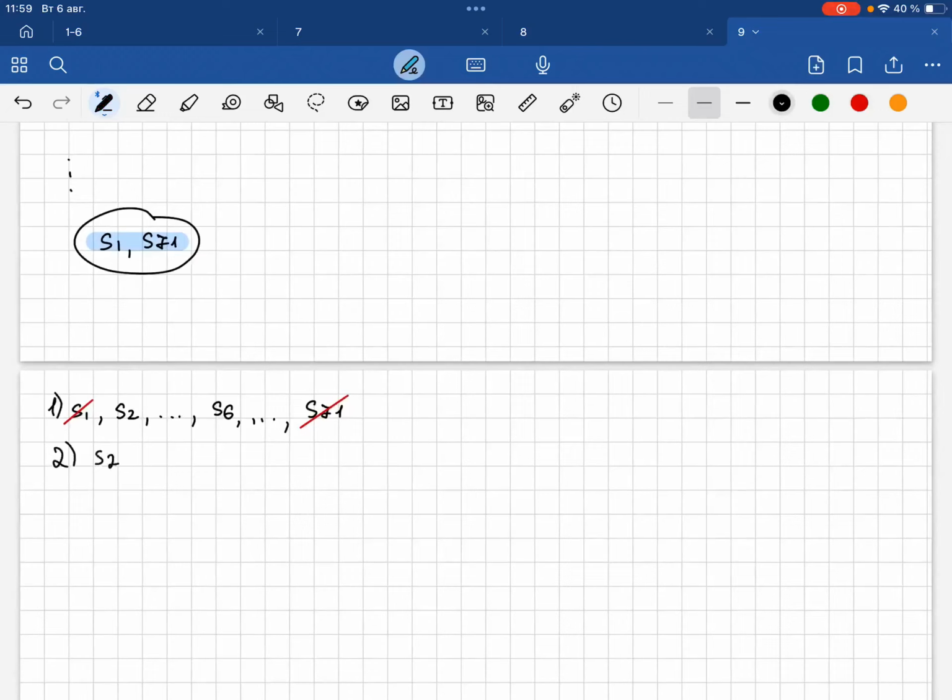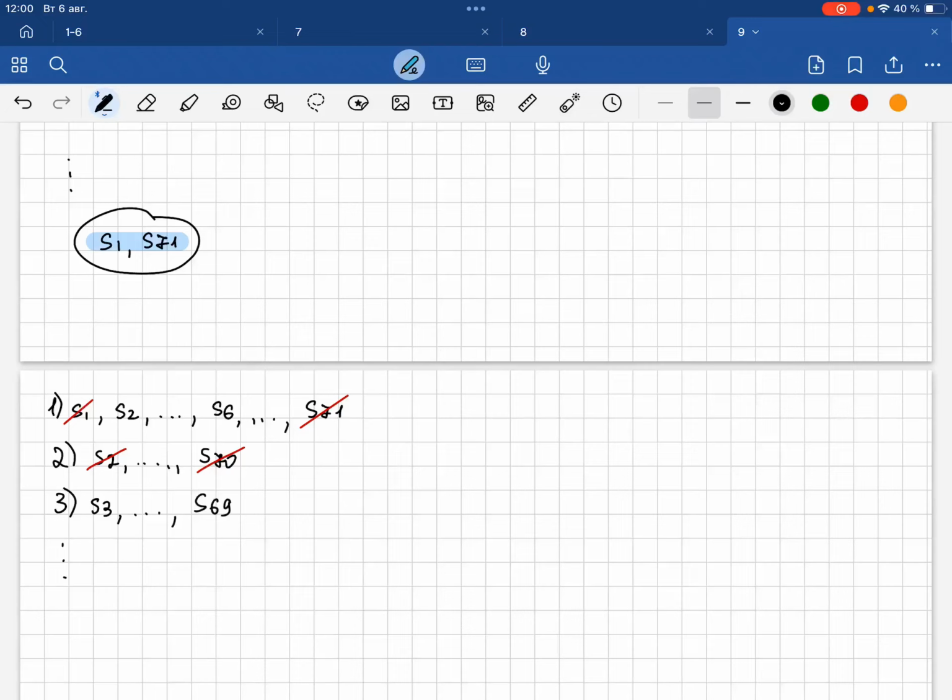On the next step, we'll have our new group without these two students, and we will find extreme students from this new subgroup. So we'll find this S2 and S70 and we'll cross them out. So on the next step we'll have S3 and so on, S69.